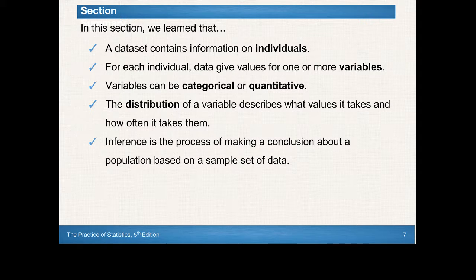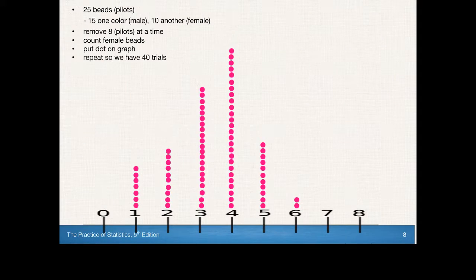Right after this slideshow, we did an activity, and the activity was about hiring discrimination. The story is located in your book on page 5, and it's about 25 pilots, 15 male and 10 female.